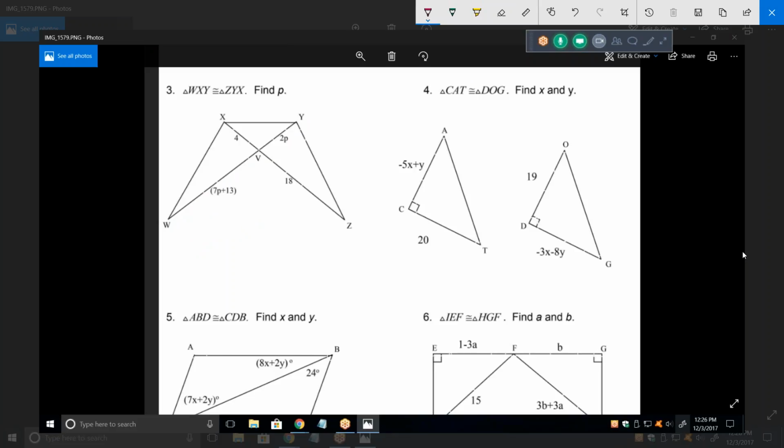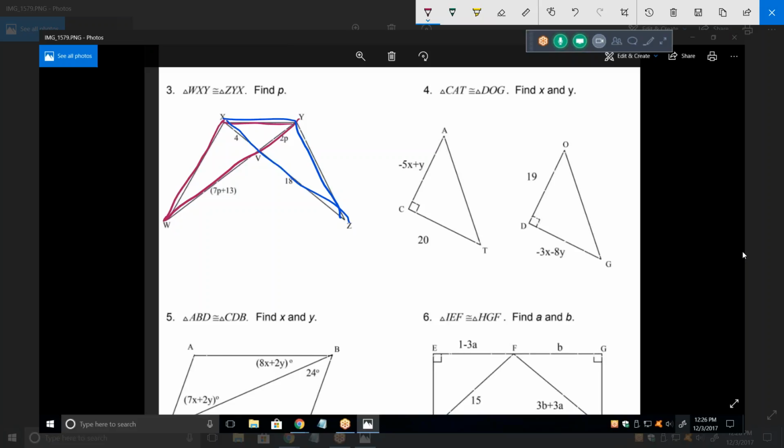Here, let me draw the congruent triangles again. There's the first triangle. Here's the second triangle. What are the corresponding parts? Based on the letters, give me a letter. The blue triangle, what's the corresponding part of the blue triangle that's equal to the corresponding part of the red triangle?